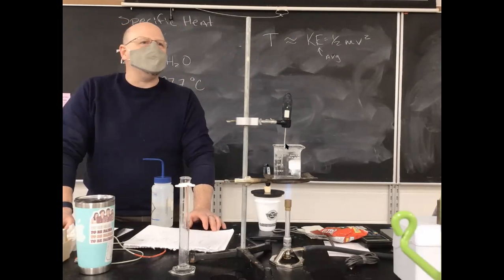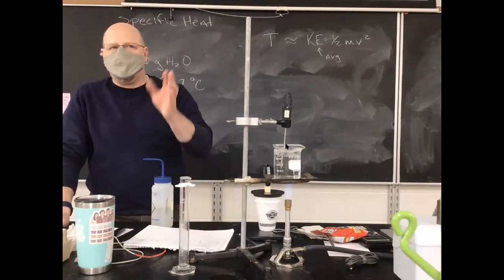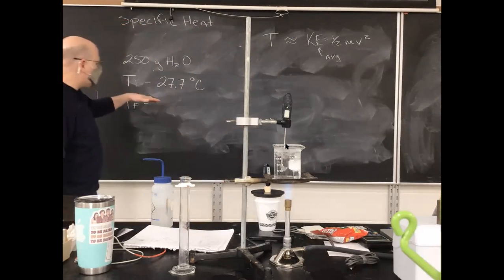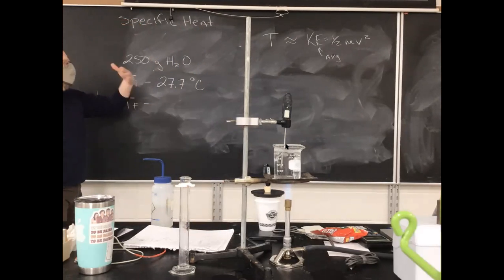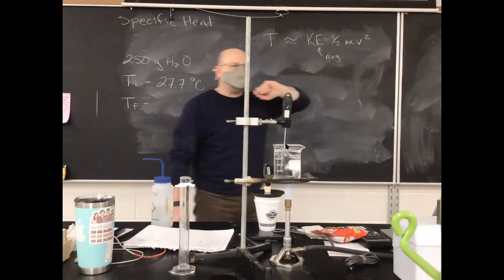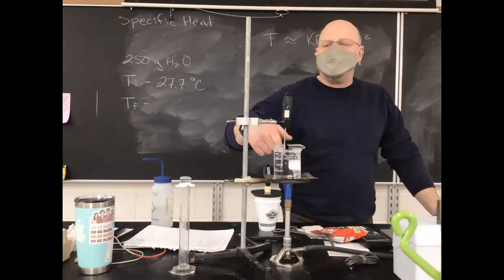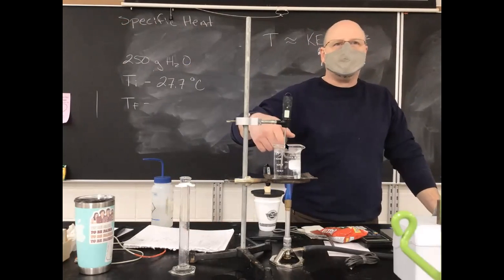What the actual numerical relationship is, is way beyond what we need to do in class, other than to say if I'm at 100 degrees Celsius, that's a higher temperature, so I'm going to have a higher average kinetic energy for the molecules. Are there molecules moving around in here that correspond to a temperature of 0 degrees Celsius?